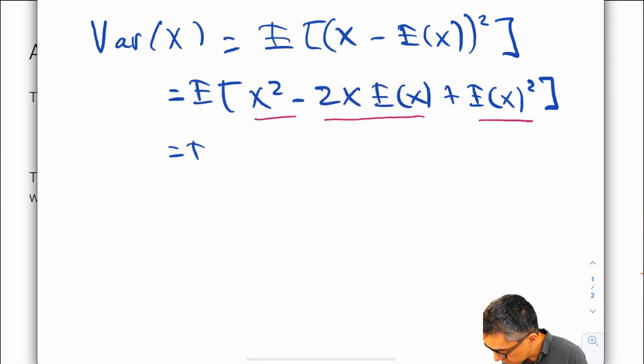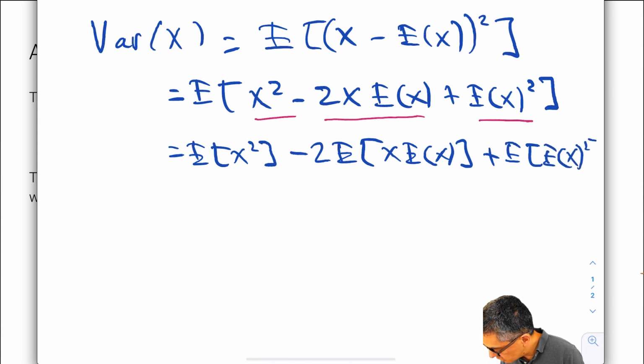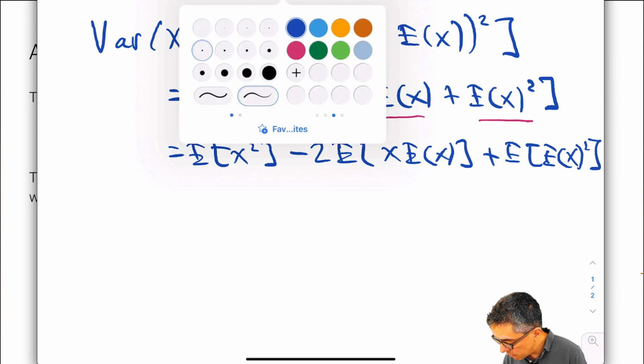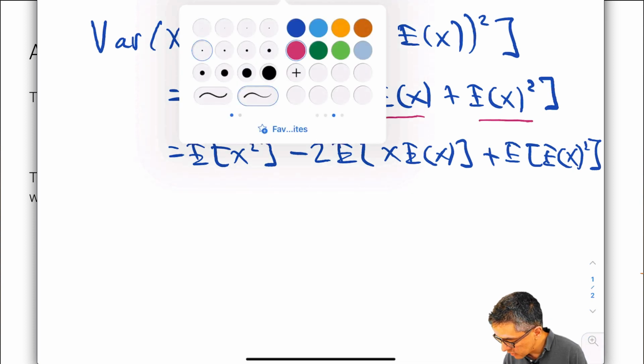So I can write this as expectation of x squared minus twice expectation of x times expectation of x plus expectation of x squared, right? And I've already made use of the fact that the 2 was a constant, and I pulled it out of the expectation already.